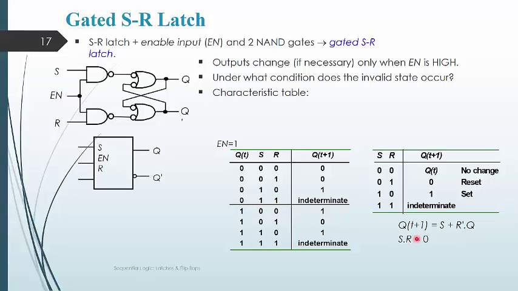So Qt plus 1 will be the indeterminate value. This is how this particular equation is said to be the characteristic equation for getting the next state output for this gated latch.